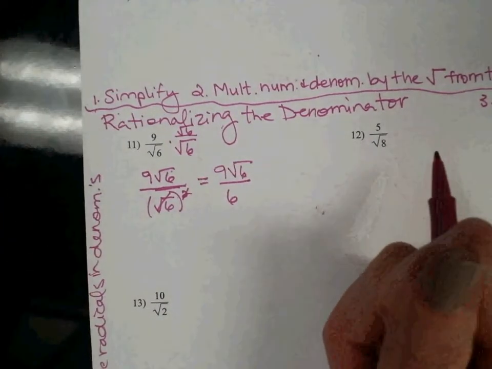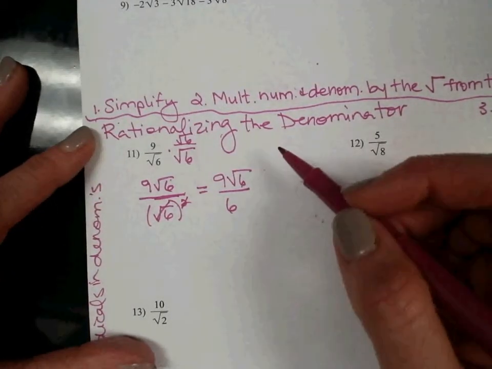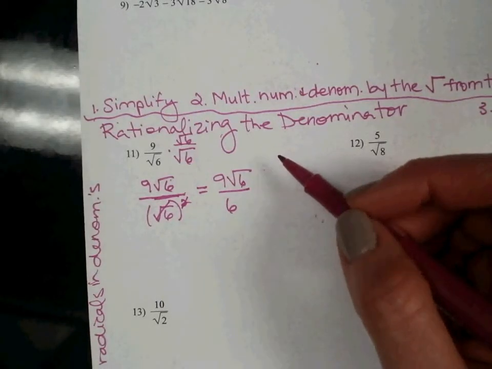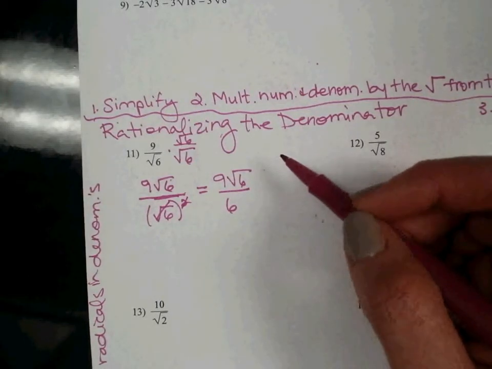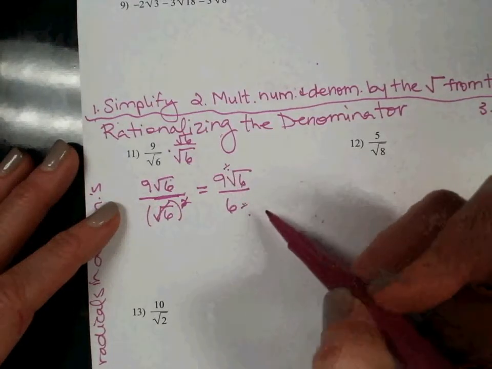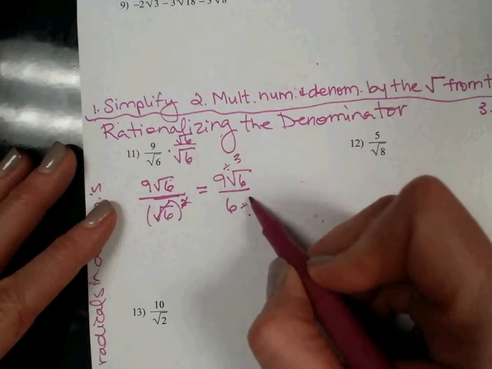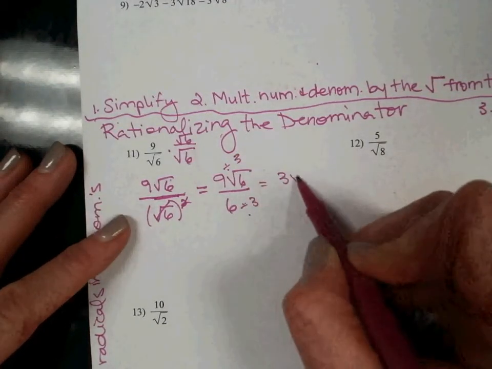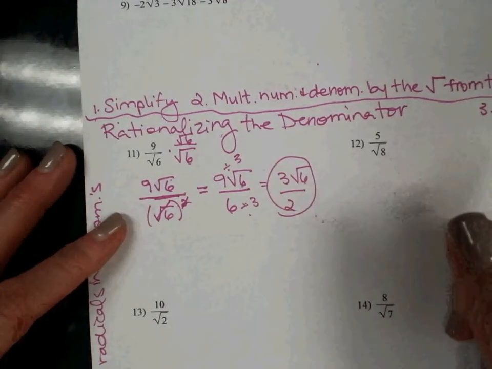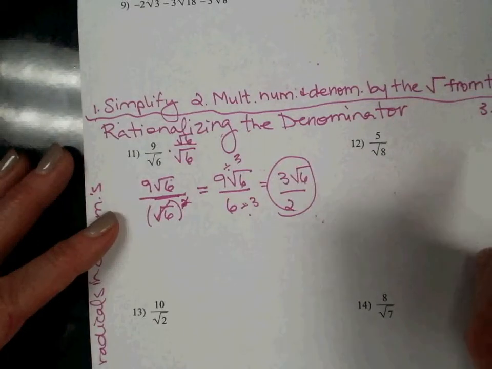So I have 9 radical 6 over 6. We're clear, we don't have a radical in the denominator. We can simplify one step further. We can divide numerator and denominator by their GCF, which is 3. And that's my final answer.